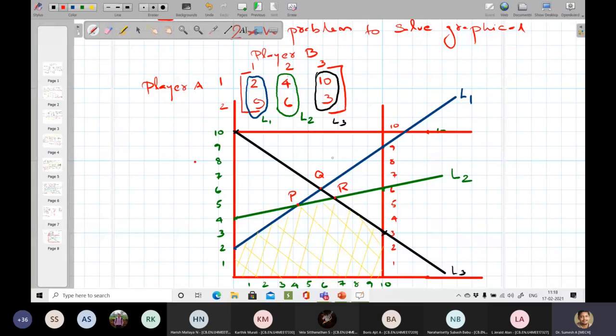And what you have to do? Sir, why not Q, sir? Like, why should we not take Q? Is Q a common point cut by all the three?